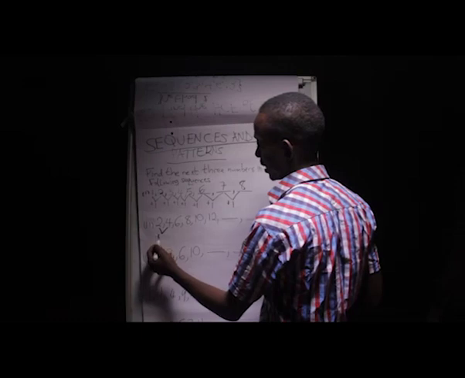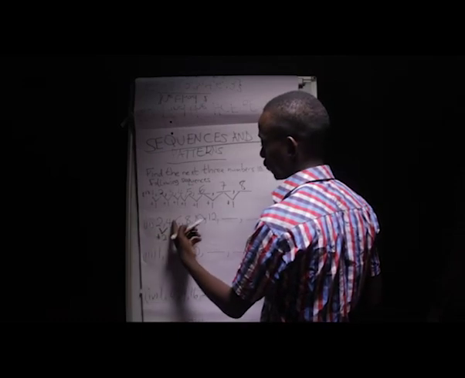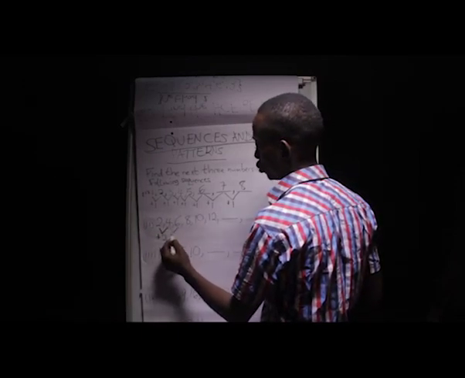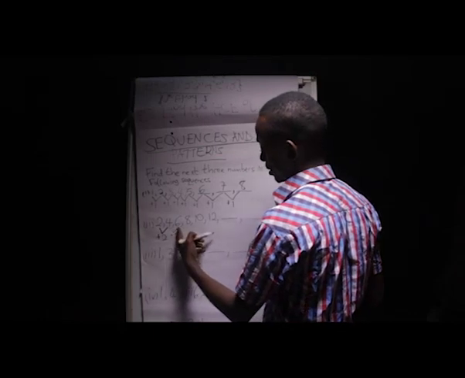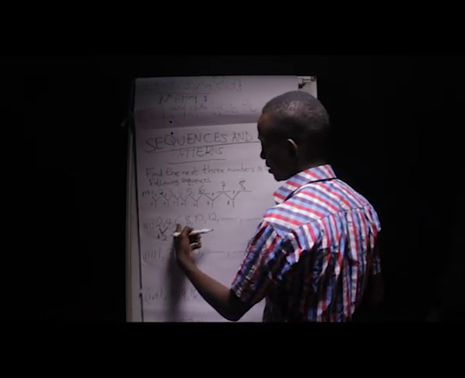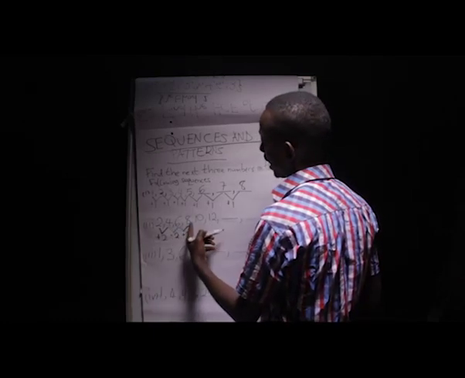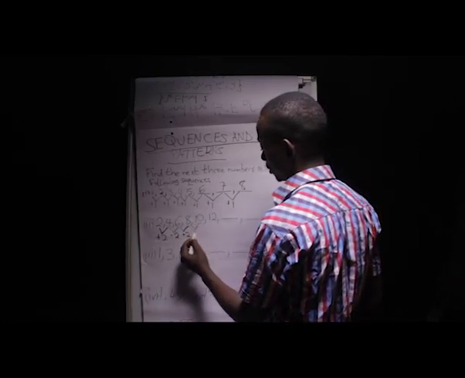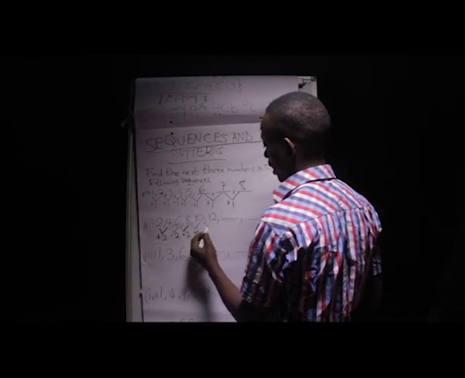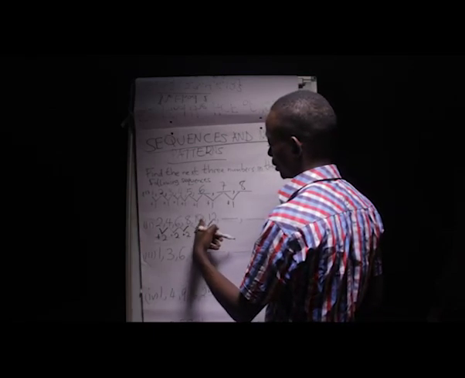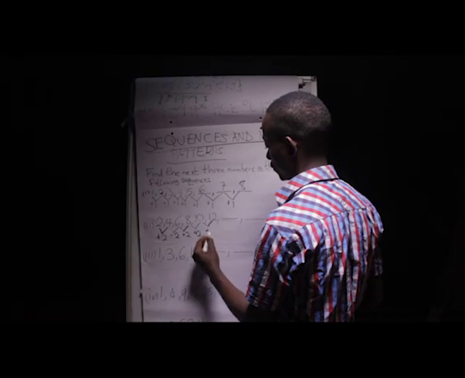Here, we realize that they added 2 to 2 to get 4. Even here, they added 2 to get 6. They added 2 to 6 to get 8. They added 2 to 8 to get 10. And they added 2 to 10 to get 12.